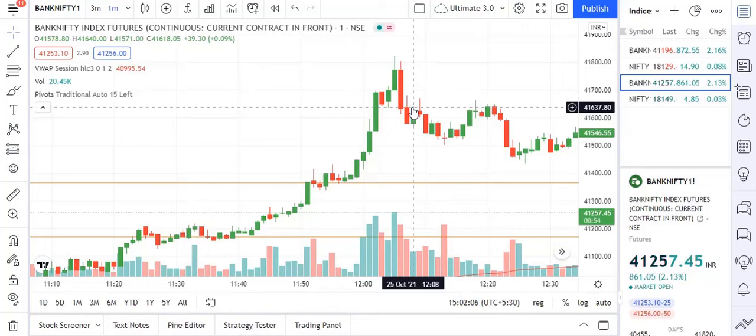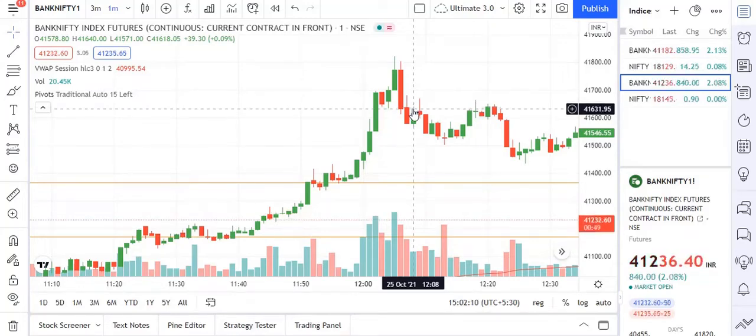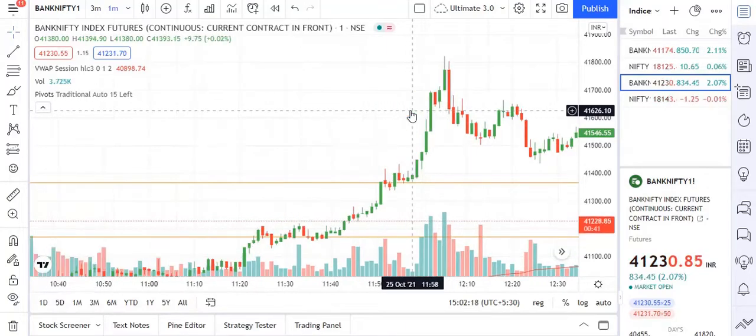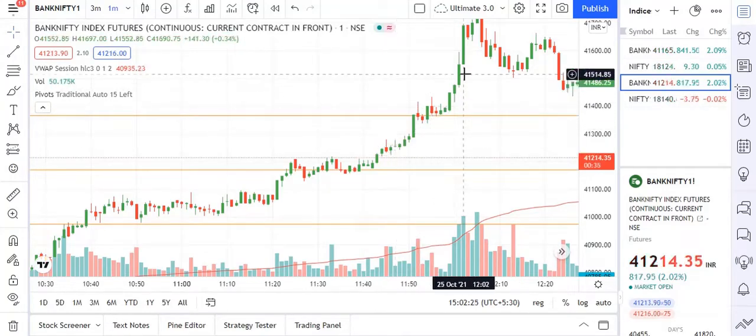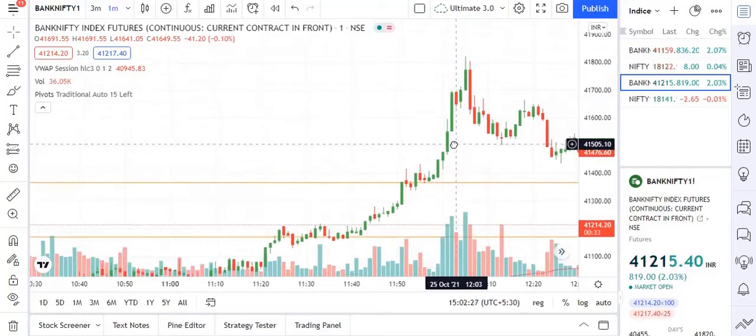So how can we take advantage of it? If you have this service wherein you have access to PCR, you can keep a watch on PCR every now and then. And when the PCR is high or low, take advantage of that accordingly. In this particular case, the markets were rising and the PCR was rising as well. So I had some doubt in my mind: why is PCR rising if the markets are going up?